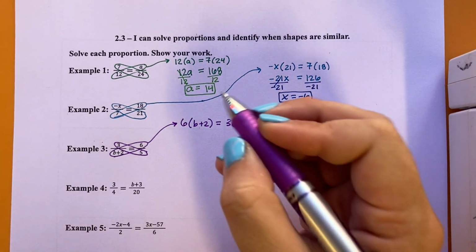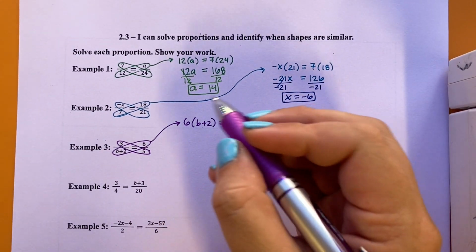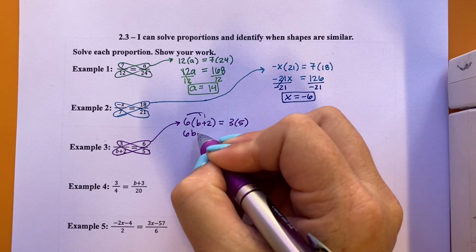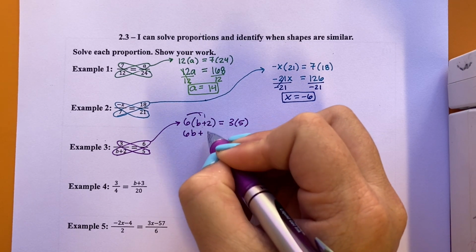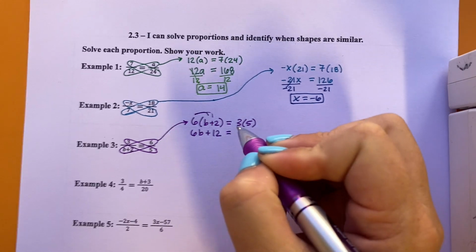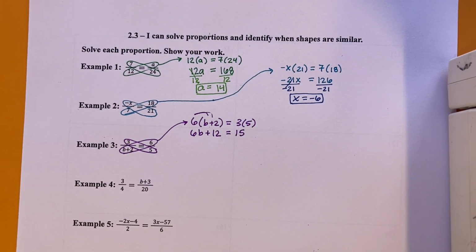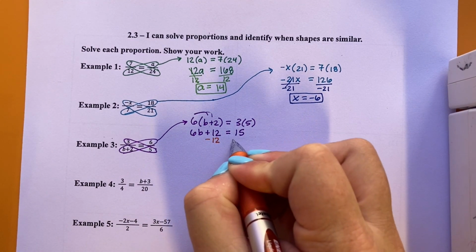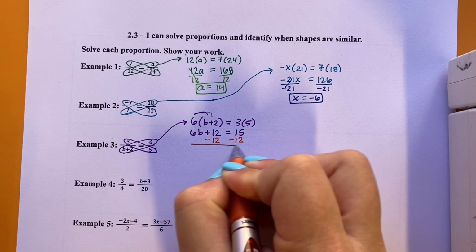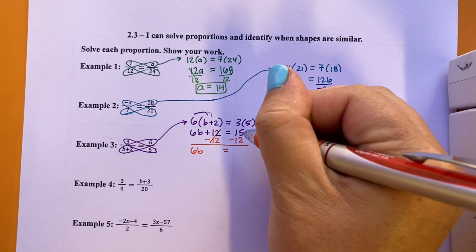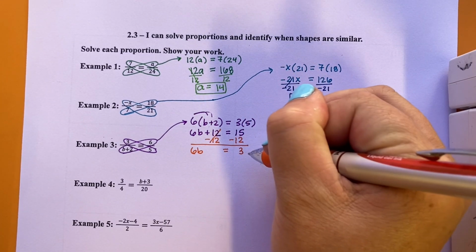So then when I simplify that, if you skip this step, you'd end up having 6b plus 6 times 2 makes a 12. 3 times 5 is 15. To solve, we would subtract the 12. 6b equals, that would leave us with a 3.